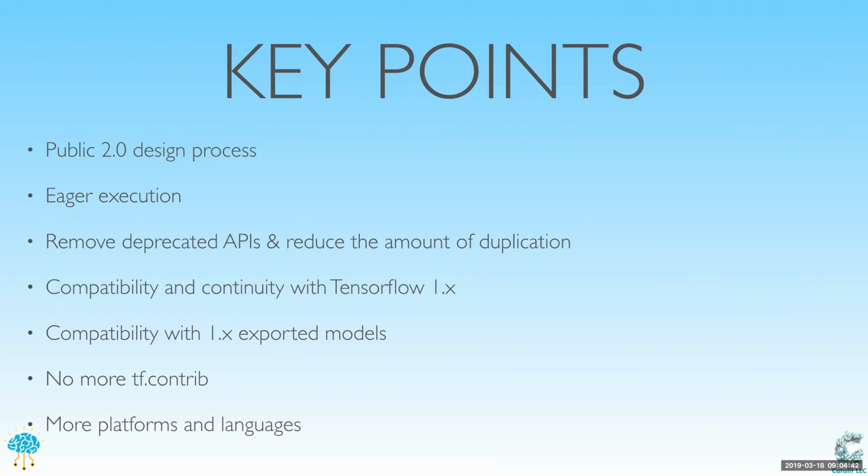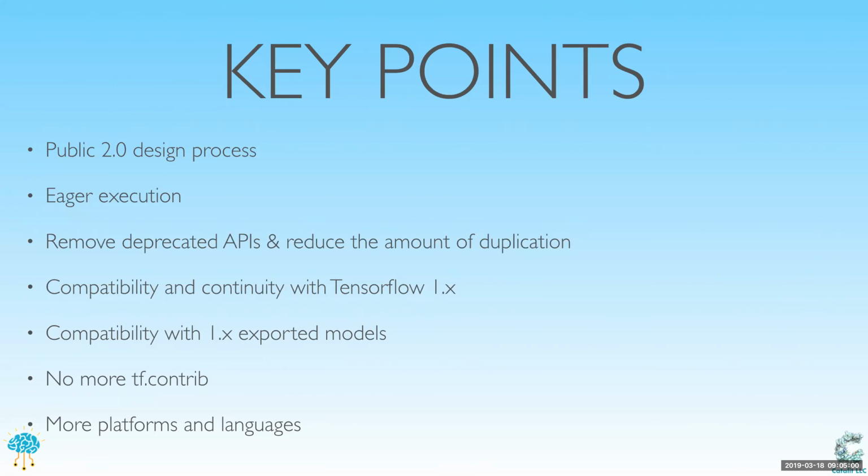A lot of people have noticed that TensorFlow had offered several ways of doing the same thing, and so a bit of cleaning up of the API has been brought in TensorFlow 2.0.